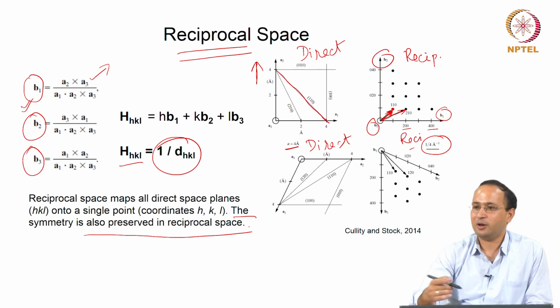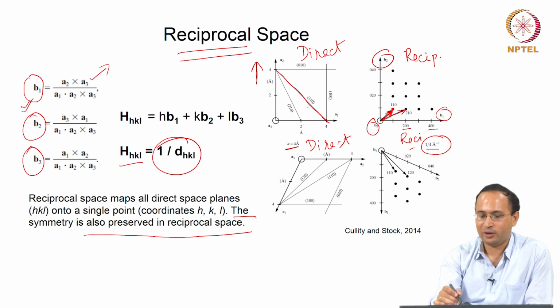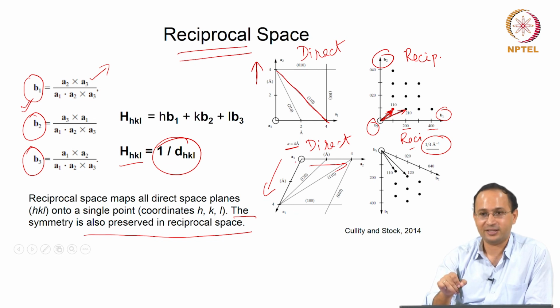Now let us apply the same thing to a different system. Here we had perpendicular axes. Now suppose A1 is in this direction and A2 is in this direction, and A3 is perpendicular. To construct the reciprocal space, you have to go back to the principle.